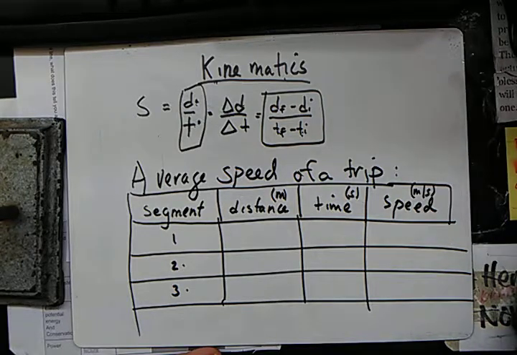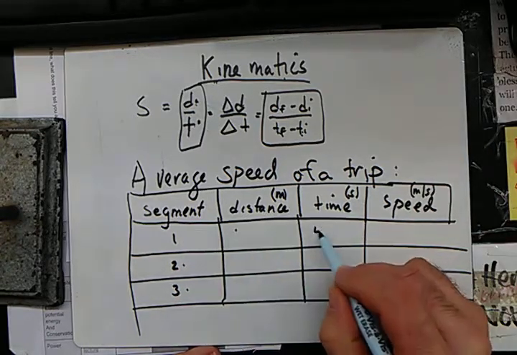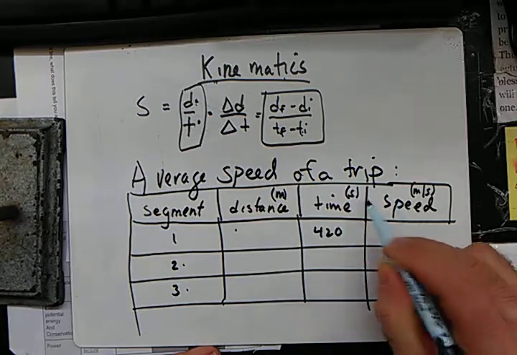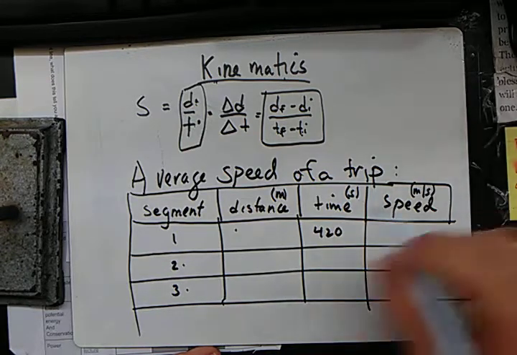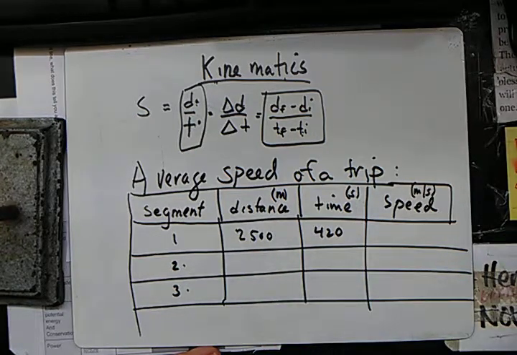You ride your bike home from school by way of your friend's house. It takes you 420 seconds to travel 2,500 meters to his house. This is the first segment we're talking about.